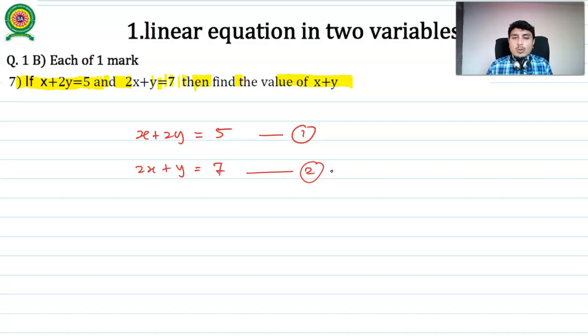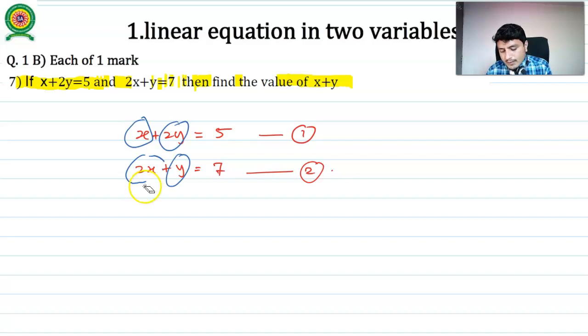Now look at the coefficients of variables x and y in both equations. They are interchanged. 1 is the coefficient of x in equation 1 and 1 is the coefficient of y in equation 2, while 2 is the coefficient of y in equation 1 and 2 is the coefficient of x in equation 2.